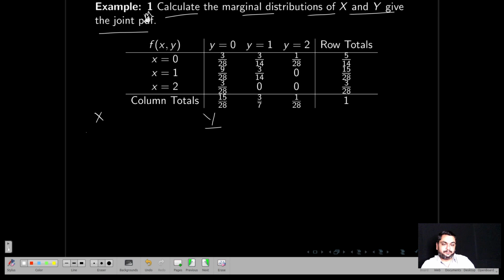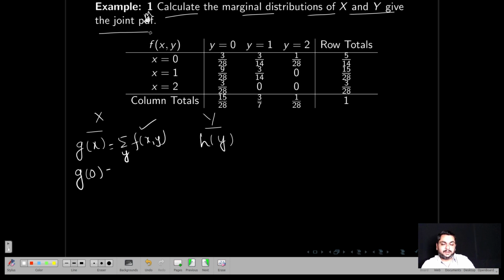You represent g(x) as the marginal probability distribution of x, and h(y) for the random variable y. Now, the marginal probability distribution g(0) is equal to the summation over y of f(x, y). F(x, y) is already given here.